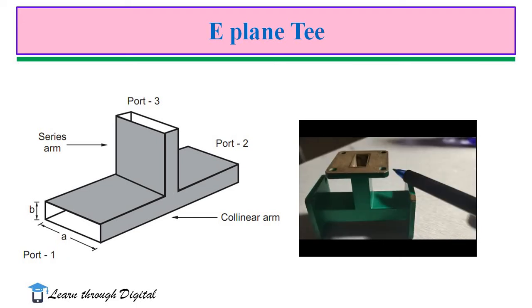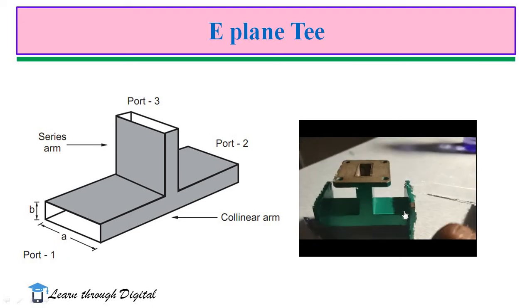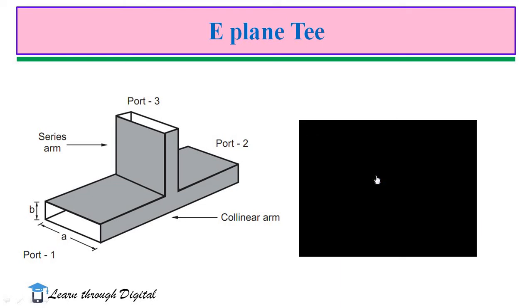That's why it is called the series arm. This is the main arm or main waveguide or collinear arm. This is the series arm. It consists of three independent ports. Here the series arm is symmetrically placed in the collinear arm. The E-plane T is used to combine the signal or to split the given wave.